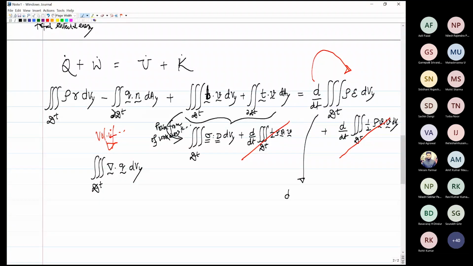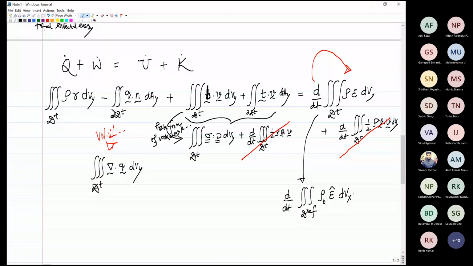So this is now d/dt, and we make it over the reference configuration, and rho dVy then becomes rho naught, and here we have epsilon hat, and this is then dVx.